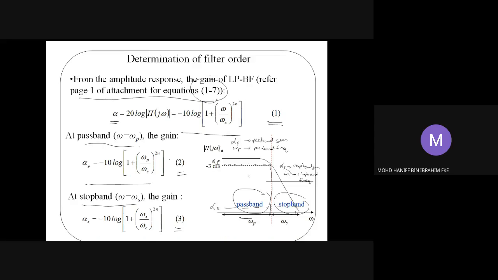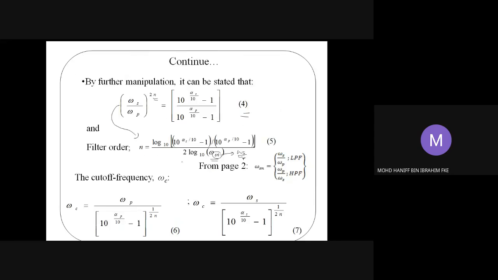From equation 2 and 3, if we manipulate, equation 2 can be written in terms of equation 6, and equation 7 is from equation number 3. So basically we can have two values of cutoff frequencies.